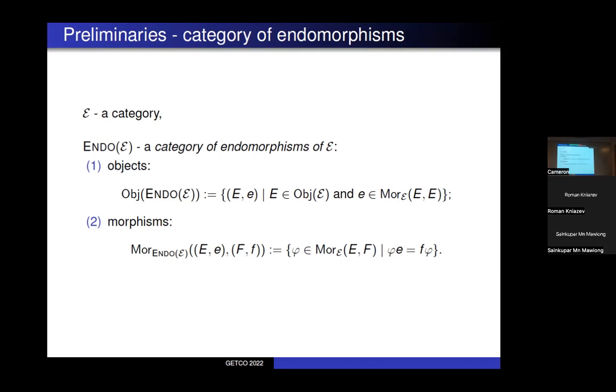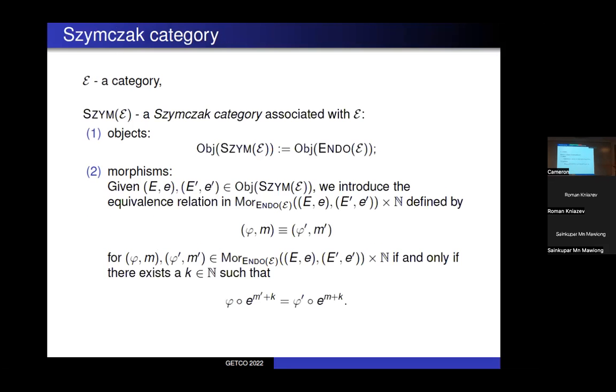The category of endomorphisms of the category E has as objects pairs: an object from E and an endomorphism from E, and morphisms are all morphisms from E which commute with the endomorphisms whose objects are equipped with. And this is a category. We start with that category.